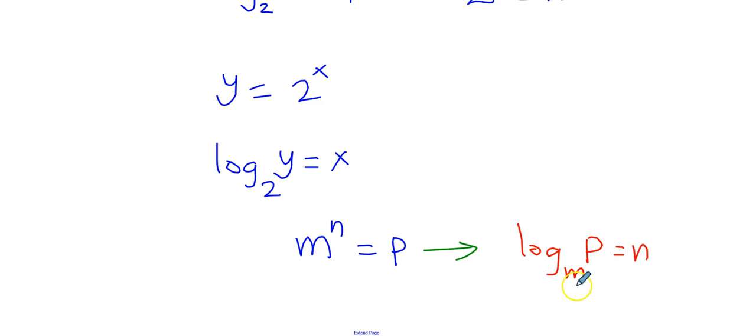Please don't forget to write m as the subscript of this logarithm. That's how we have to put it down as the base. That is the right syntax, the right way of writing log with that base.